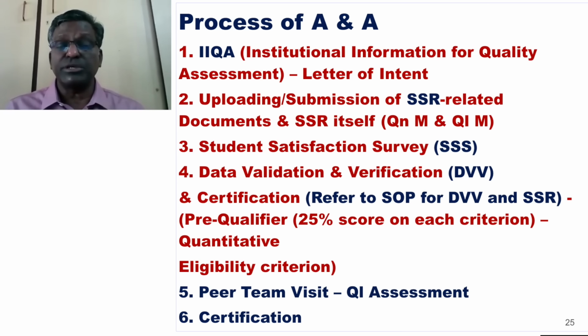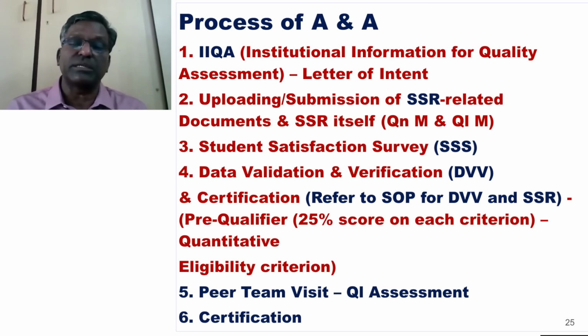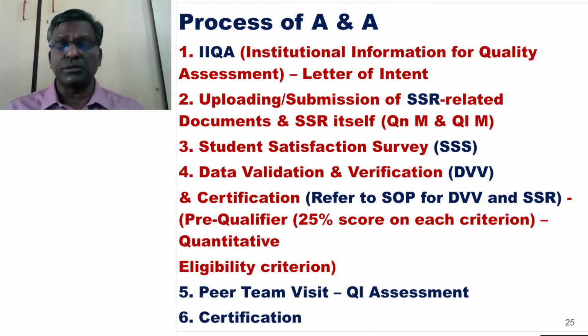This peer team will look into only the qualitative metrics, because the quantitative metrics have already been verified and validated by a third party. So the team that visits the college or the university for an on-site inspection will look only into the qualitative metrics, and ultimately the results will be declared by NAAC and the certification will be issued.